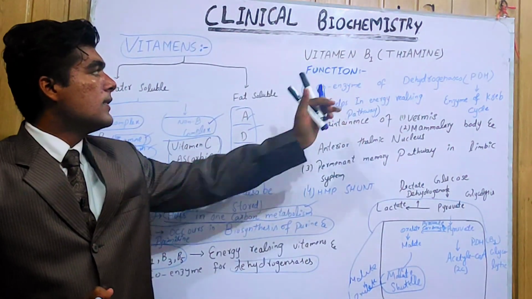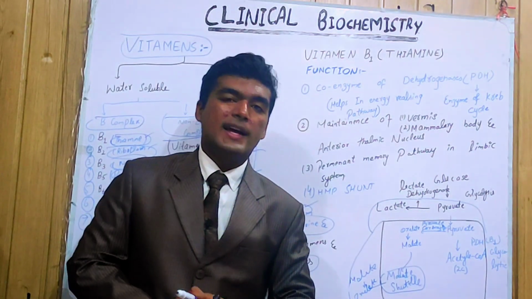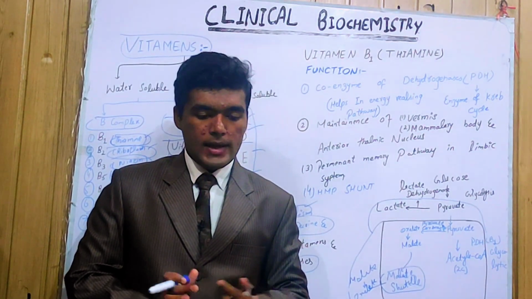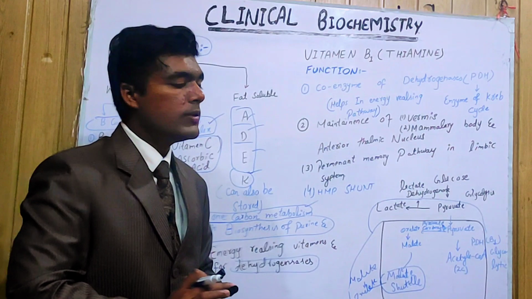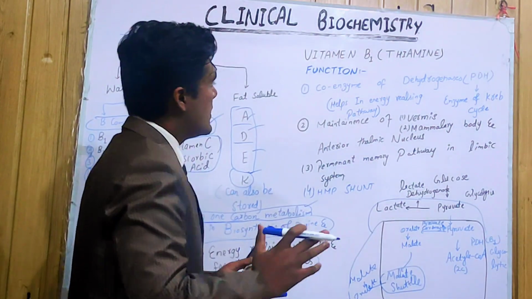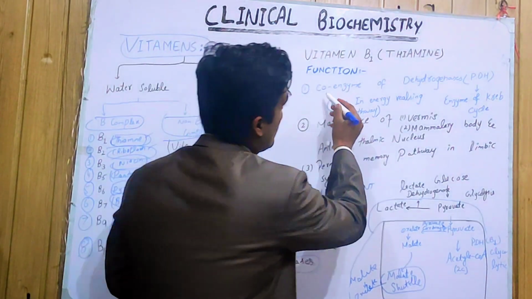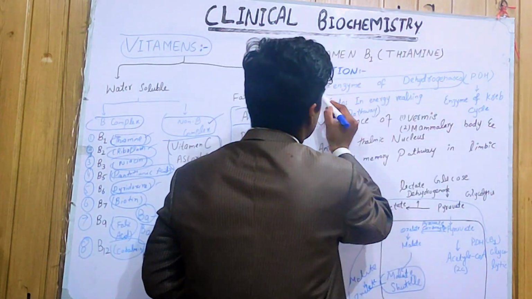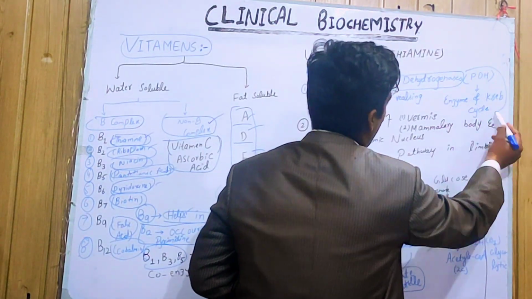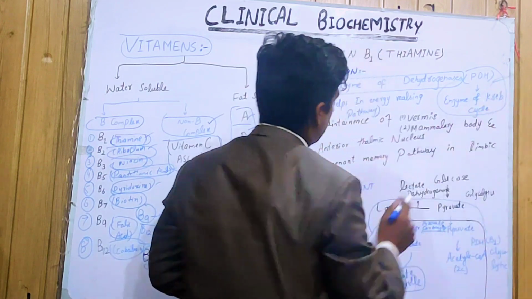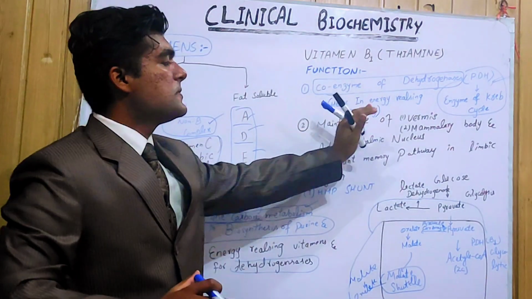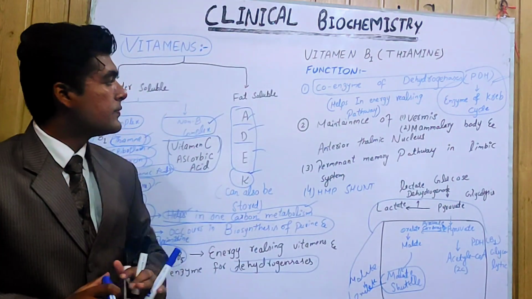So let's come over to vitamin B1, from the name thiamine. As it's vitamin B1 and a water soluble vitamin containing B complex, its functions we discuss here. The first function is basically coenzyme for dehydrogenase. Which dehydrogenase? Pyruvate dehydrogenase in the Krebs cycle, and it helps in the energy releasing pathway.